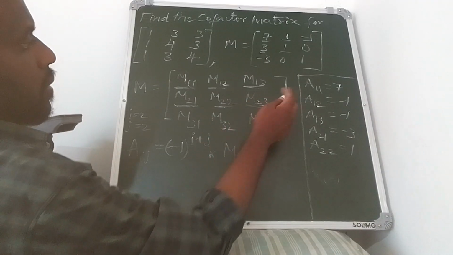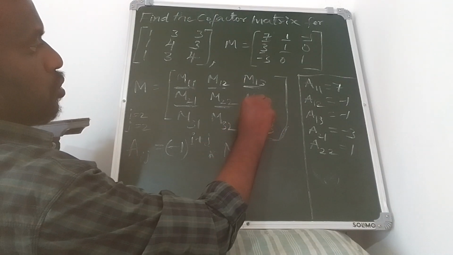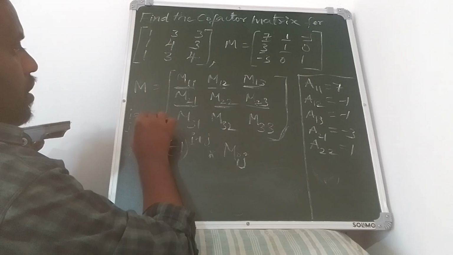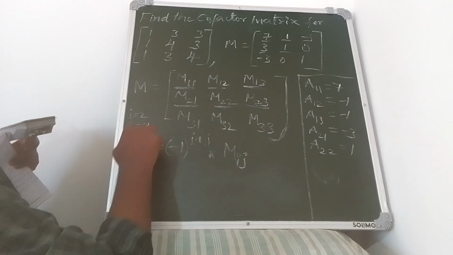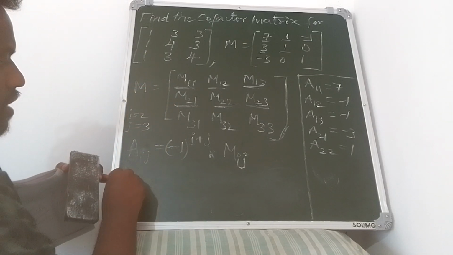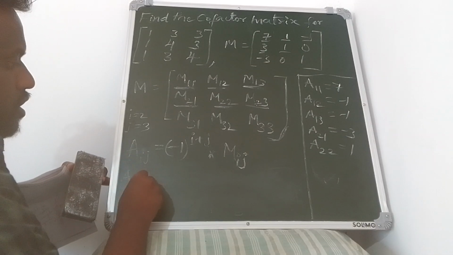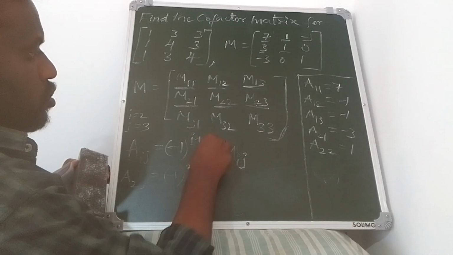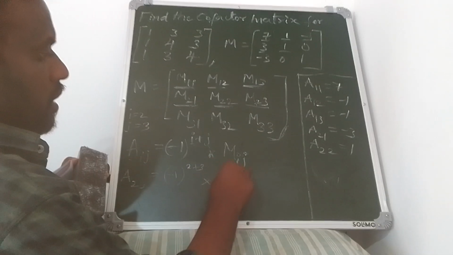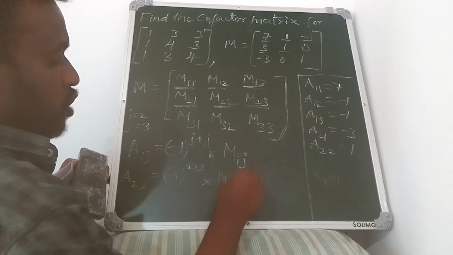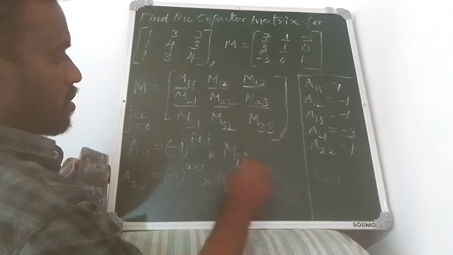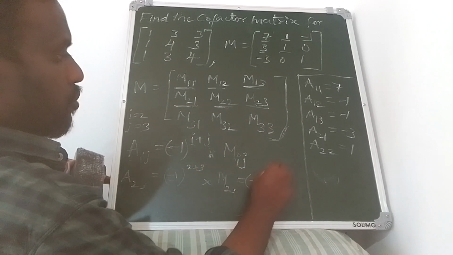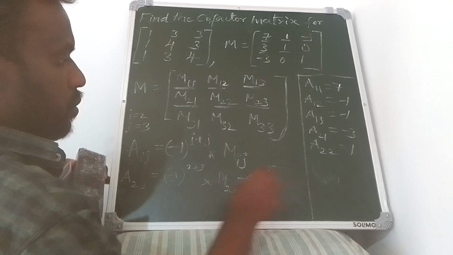Next I will take this, 2, 3: i is equal to 2, j is equal to 3. Substitute these i and j values here. So a23 is equal to minus 1 to the power of i plus j, that is 2 plus 3, which is 5, into m23.